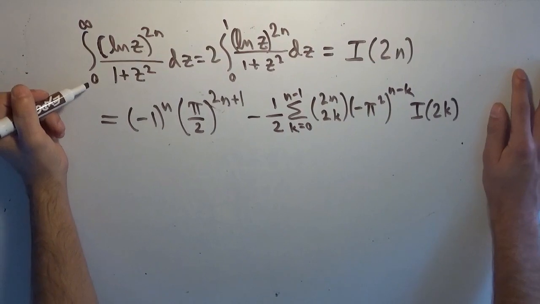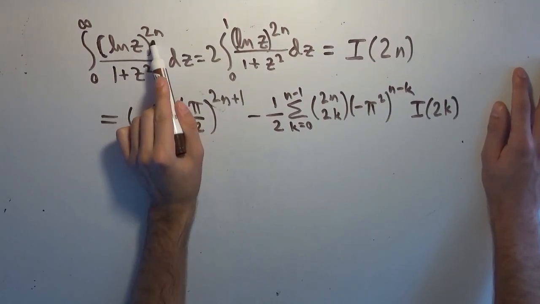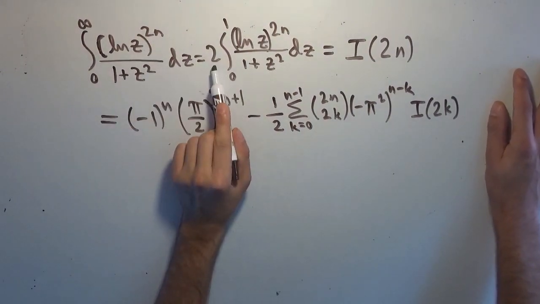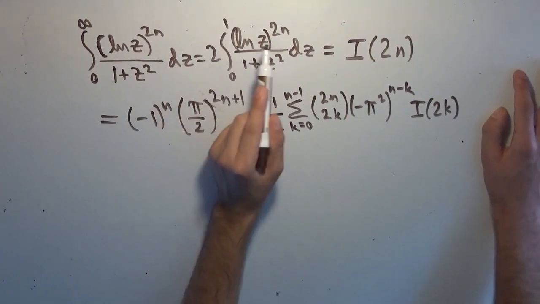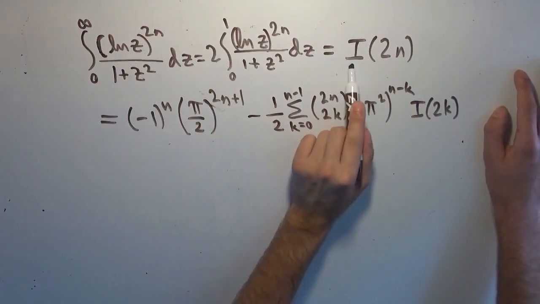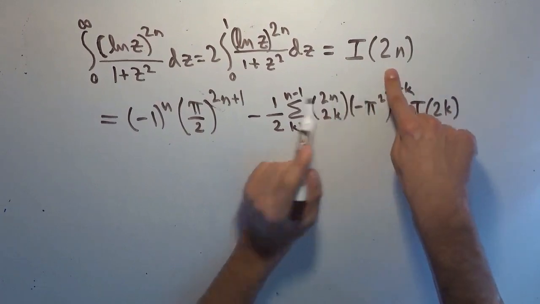The original integral that we wanted to solve, evaluated at an even power, is equal to 2 times that same integral from 0 to 1 over that same integrand, which is what we called capital I, and we're evaluating it at 2n.